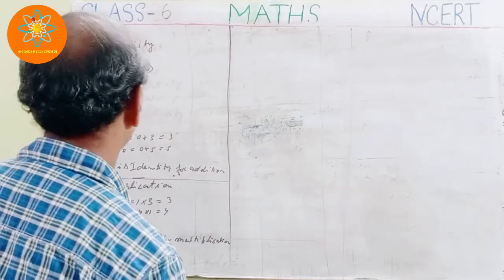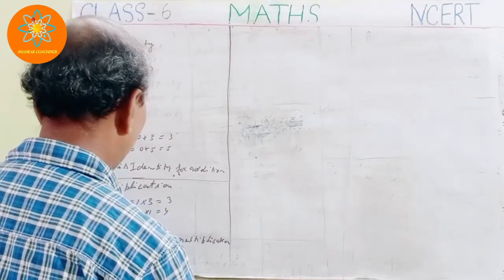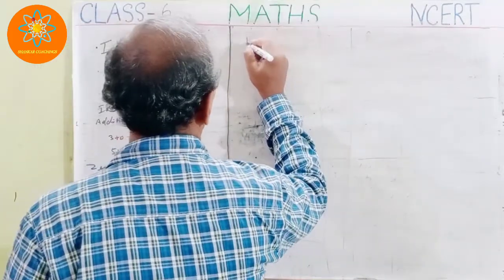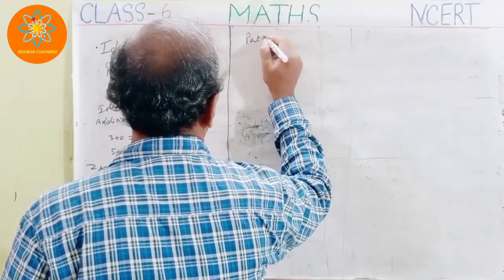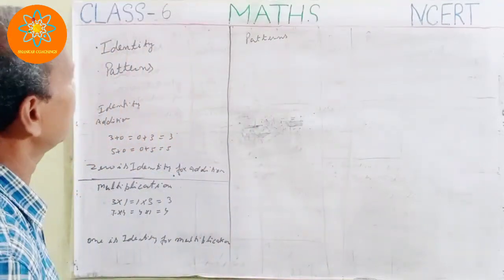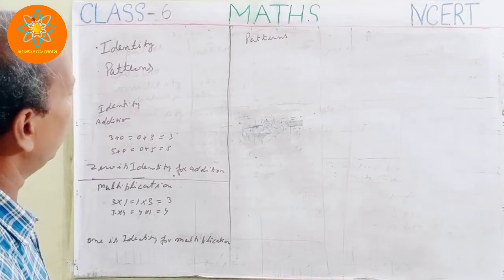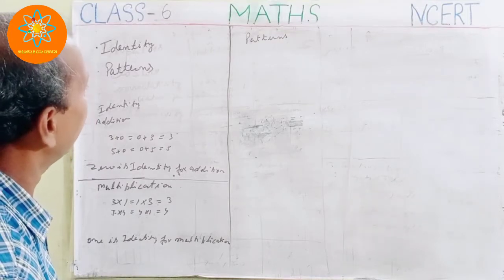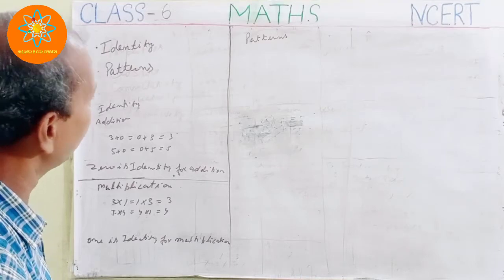Now I will come to the next one. That is the patterns. So whole numbers can be represented as patterns, which means dot structures.